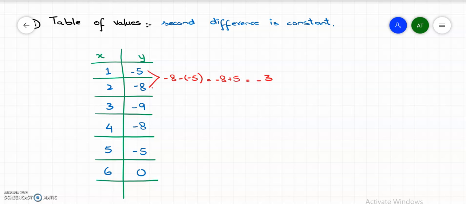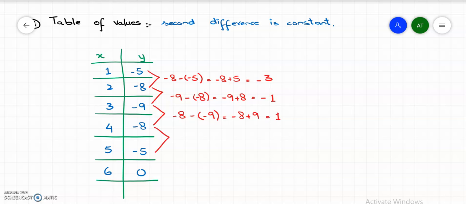Now the difference between -8 and -9 is -9 subtract -8, which is -9 plus 8, equals -1.